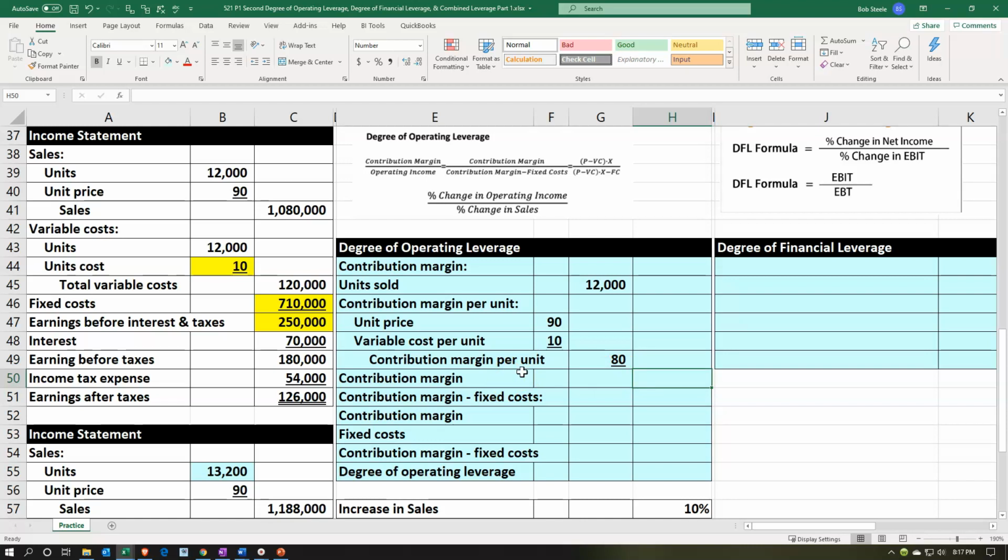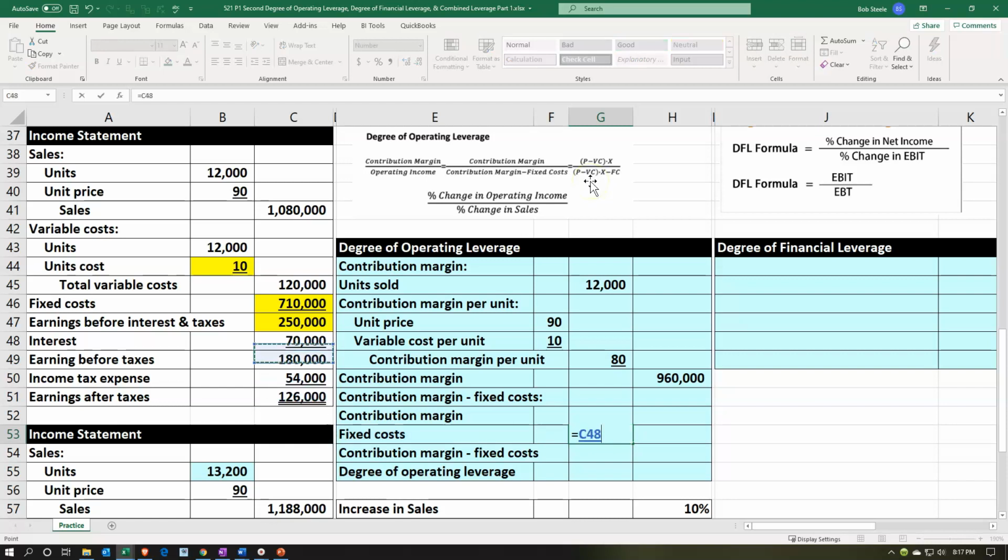And so now we've got X and the contribution margin per unit, and we can calculate the total contribution margin, which is the numerator, which is going to be equal to the 12,000 times the 80. So there we have it, numerator calculated. And then we go to the denominator. That's going to be the contribution margin minus the fixed costs.